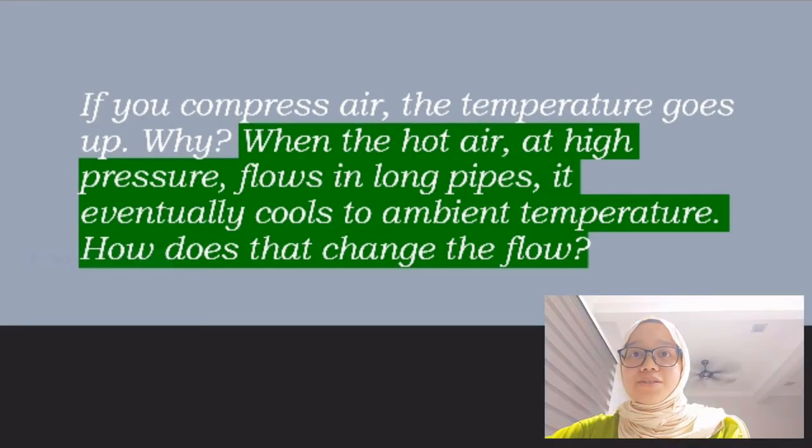Now to answer the next question, that is when the hot air at high pressure flows in long pipes, it eventually cools to ambient temperature, and how does that change the flow?